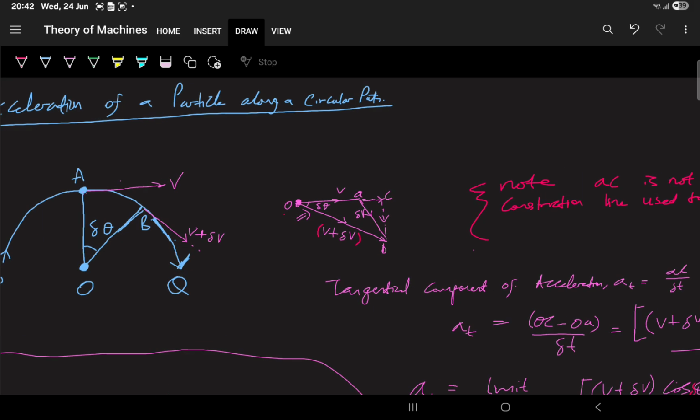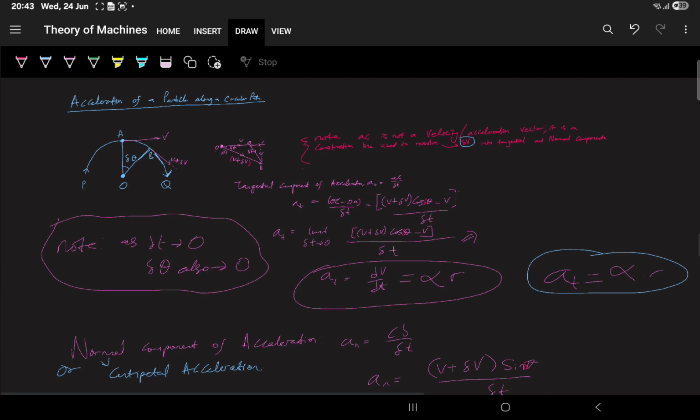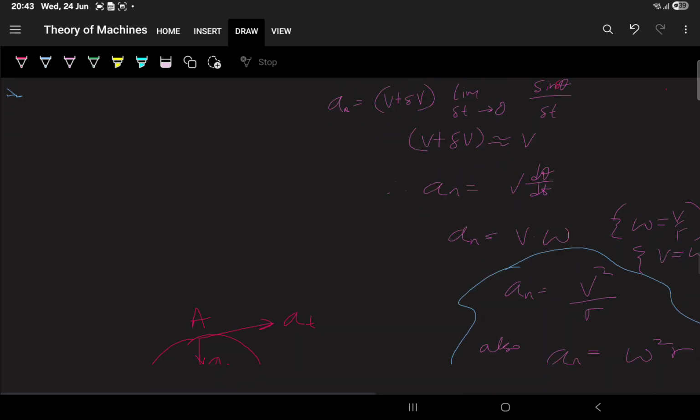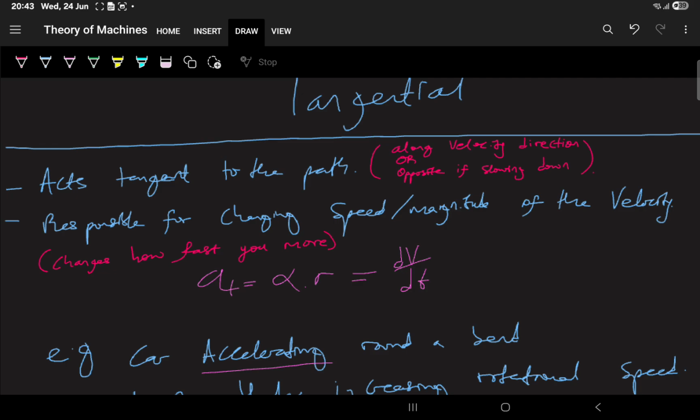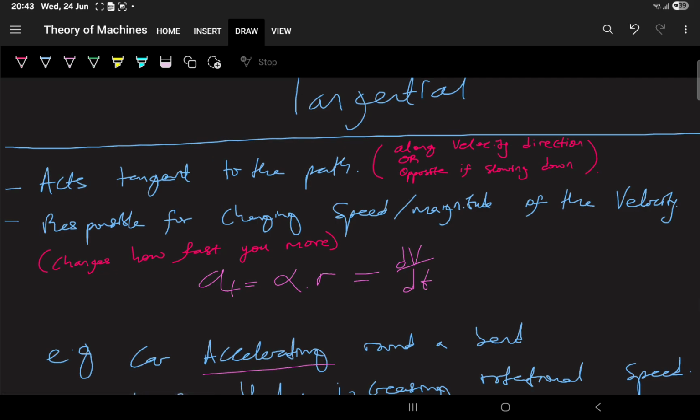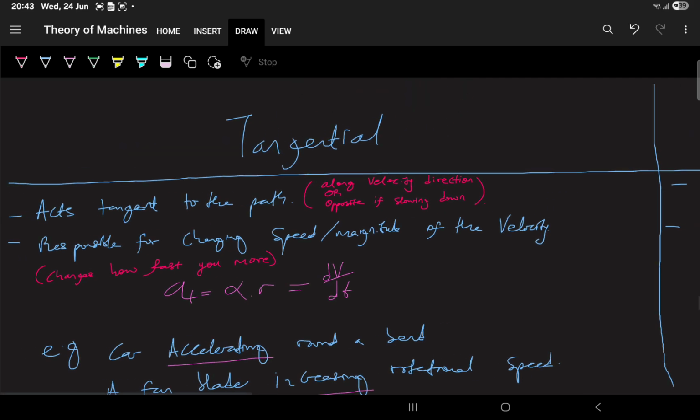Again, we agreed this to be our velocity direction earlier, at point E and at point B to be this. Also, it is responsible for changing speed or magnitude of the velocity. Now note this, responsible for changing speed.